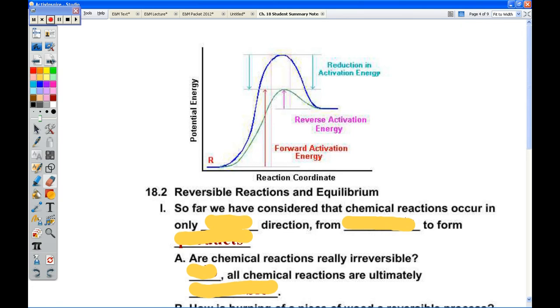Okay, this, the green, is when it is catalyzed. You guys see that? It lowers the activation energy, which makes it easier to go from reactants to products because it requires less energy to get over the hill. You see that? This is the result of a catalyst. It just lowers the hill and allows more collisions to happen.